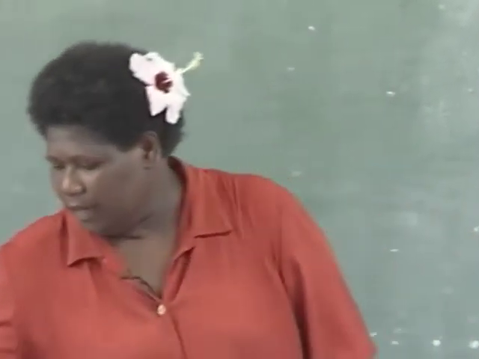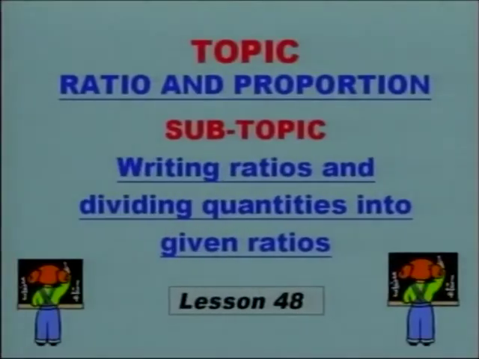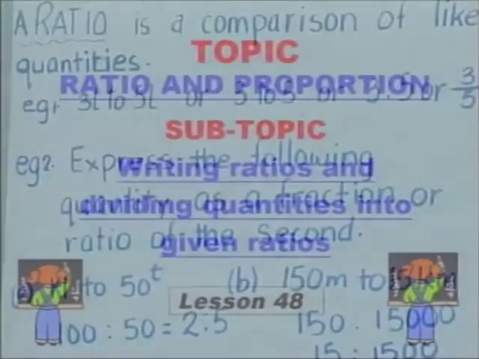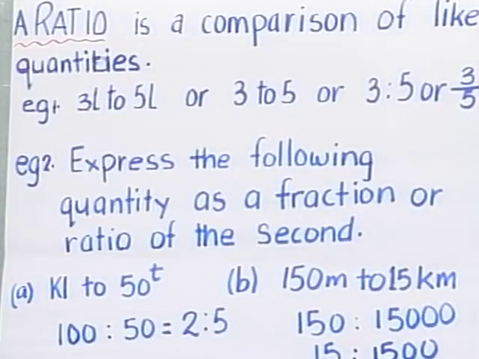Okay, the first thing we are going to look at is writing ratios and dividing quantities into given ratios. For instance, number 2, express the following quantity as a fraction or a ratio of the second: 1 kina to 50 toya.